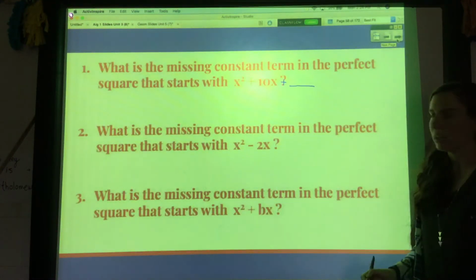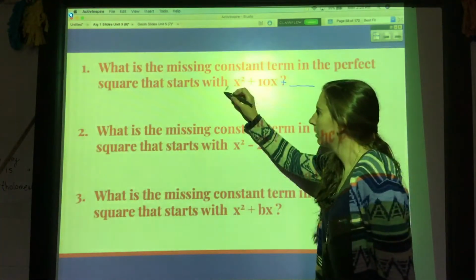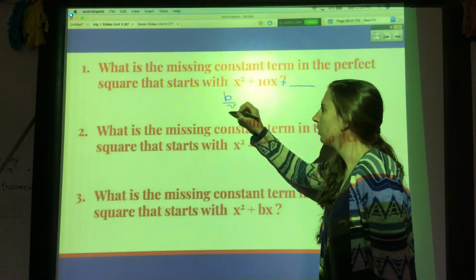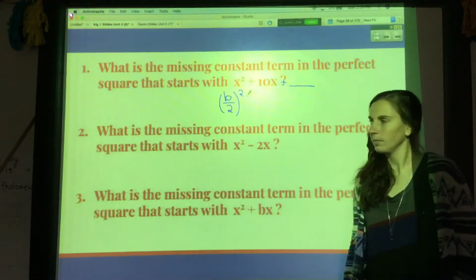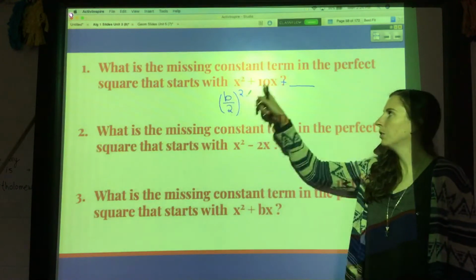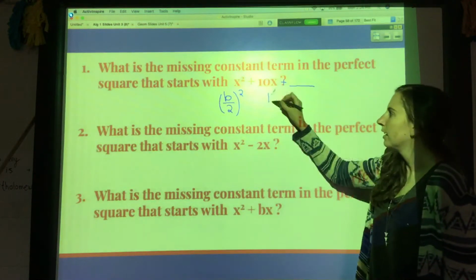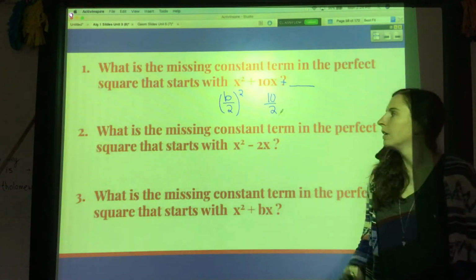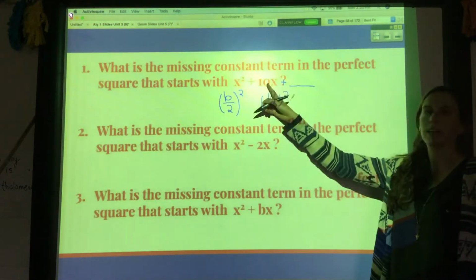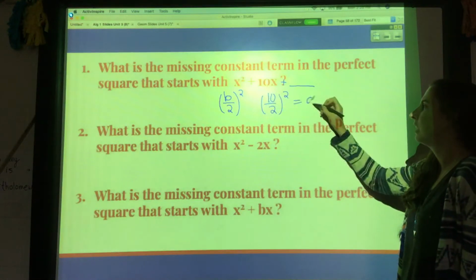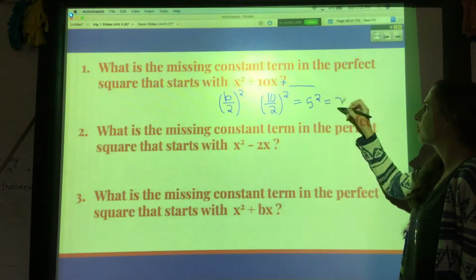That is a formula that we write out. (b/2) squared. You take the b value, in this case 10, you cut it in half, and then you square it. So in this case, 10 cut in half would be 5, and then 5 squared is 25.